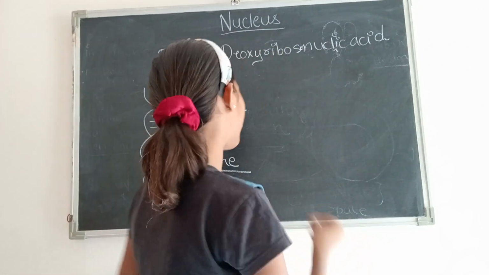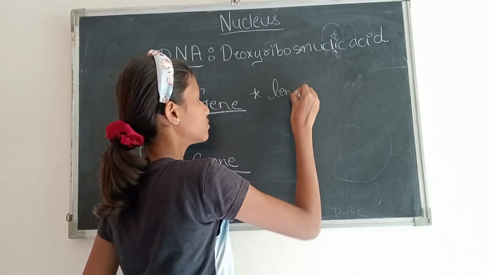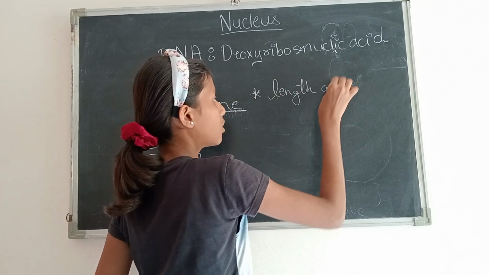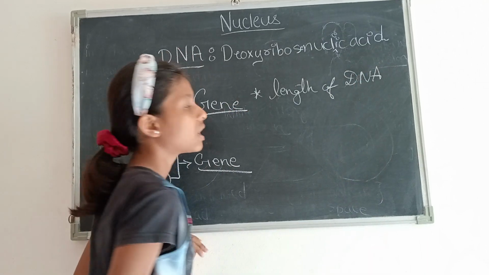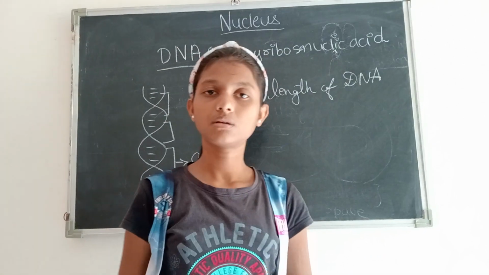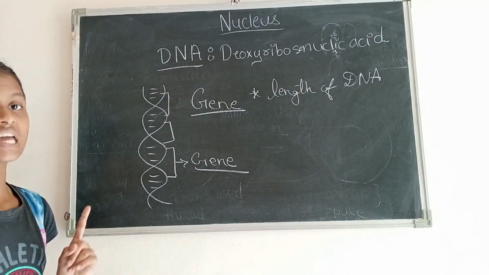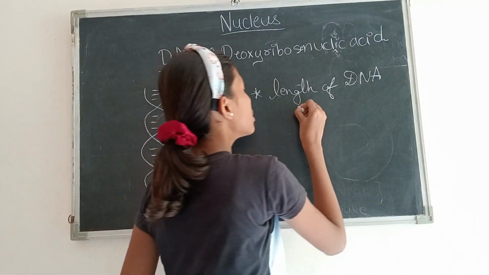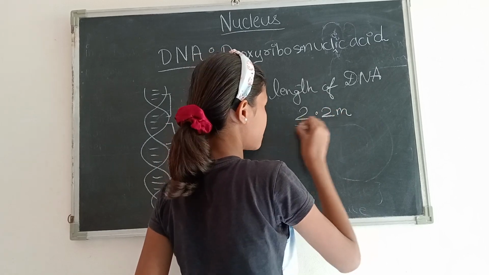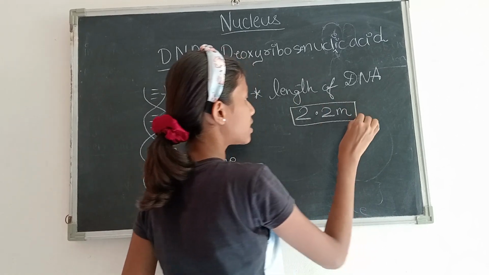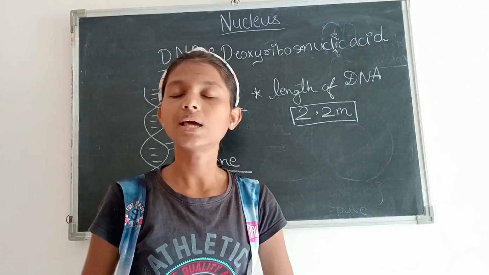Now, let us move to one important point. What is the length of DNA inside a cell? The length of the DNA inside one cell is about 2.2 meters.